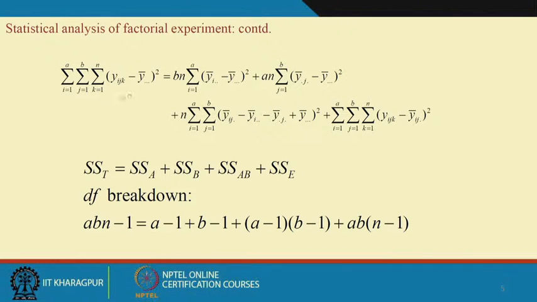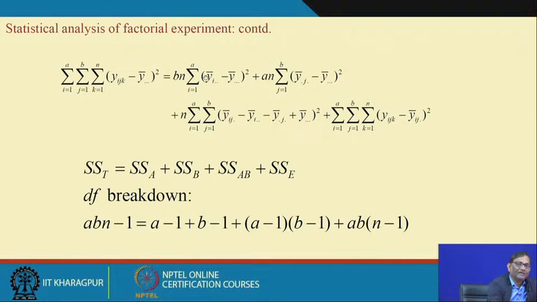The left hand side is the SST. On the right hand side, the first one, bn times this, is SSA, the sum square for factor A. The second one is the sum square for factor B, the third one is interactions, and the fourth one is error.